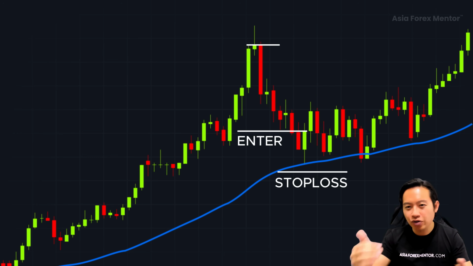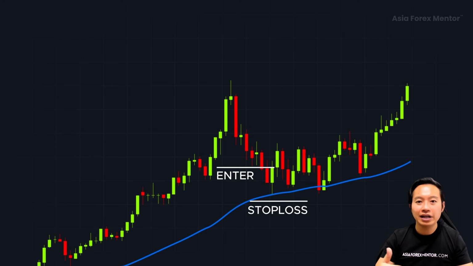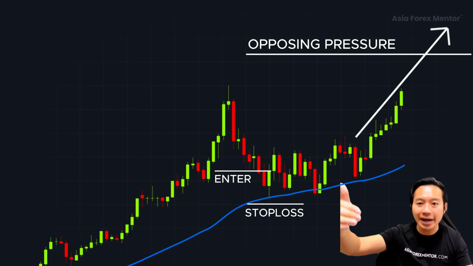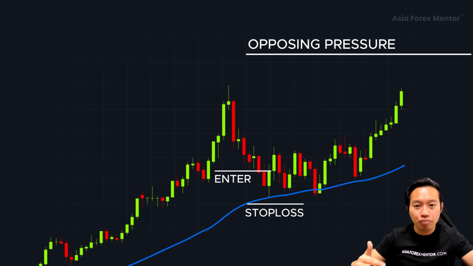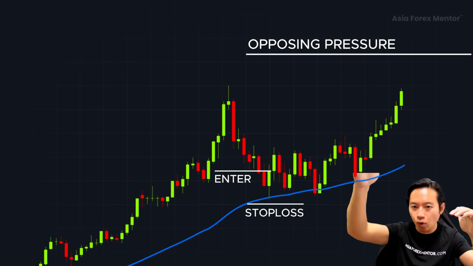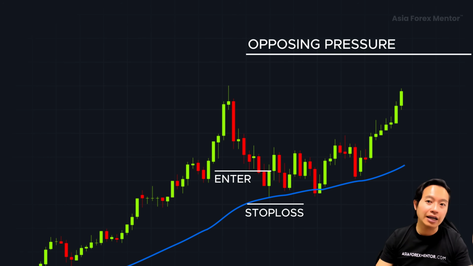Typically, you can target the nearest resistance level or another key point where the next opposing pressure might emerge, because sometimes the trend can go even higher than the previous swing high itself. So that's where you're going to see where the next opposing pressure is after it breaks above the previous swing high.